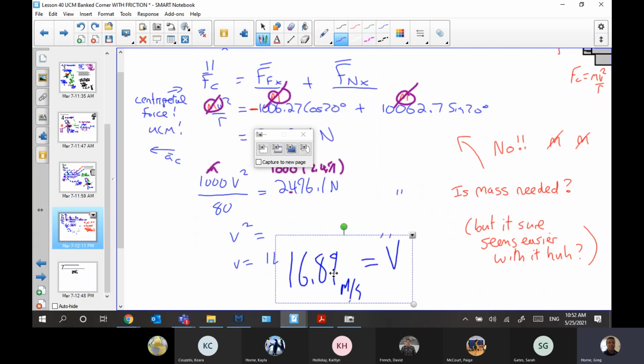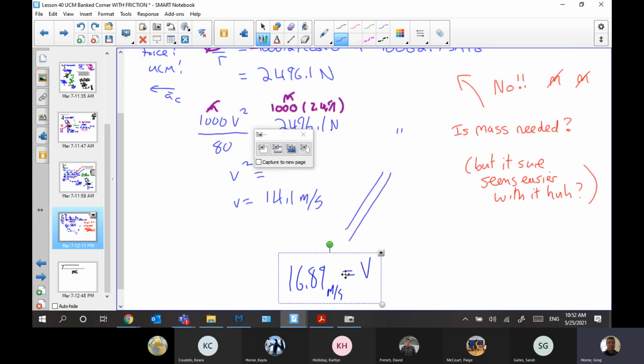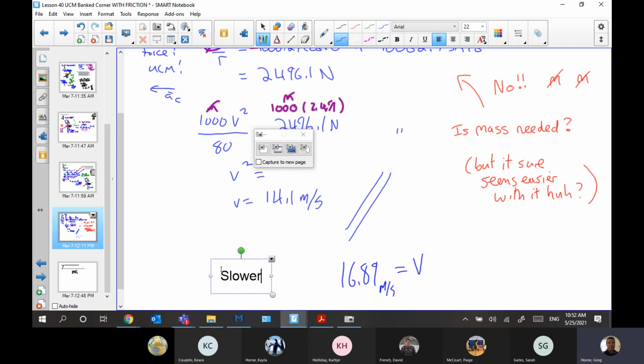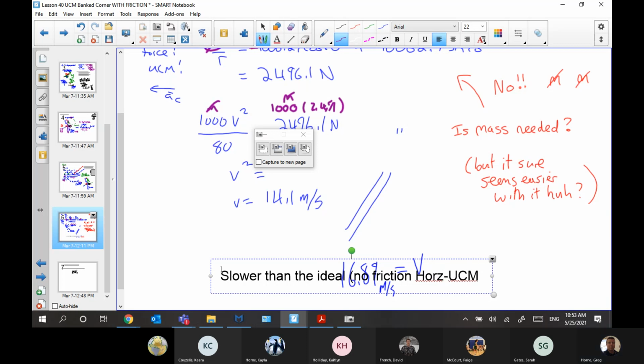So we can just point out that without friction, it was... So notice this is slower, right? And the ideal, no friction, horizontal uniform circular motion speed.